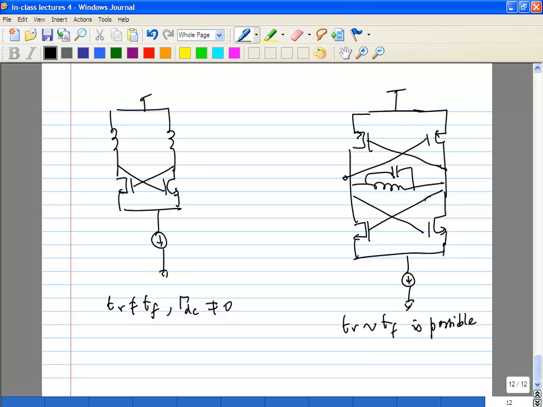Okay. So in general, your omega 1 over f cube corner for your complementary VCO is going to be lower than your cross coupled NMOS. So this is one of the motivations for using a complementary.